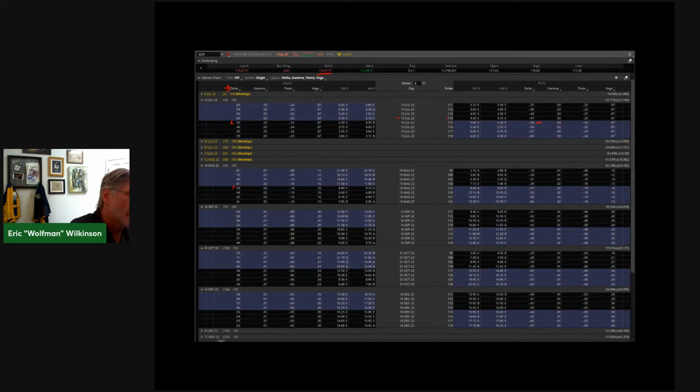Now, we go further out in time, delta at the monies, those are going to be right around 50. But you'll notice that the further you get away from those at the monies, the deltas go down quicker up here, closer to expiration. You can see further out, probabilities are there because you have a lot more time and there's a bigger probability of fluctuations throughout all of that.